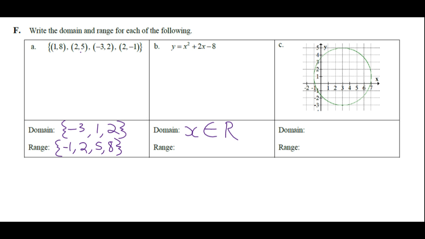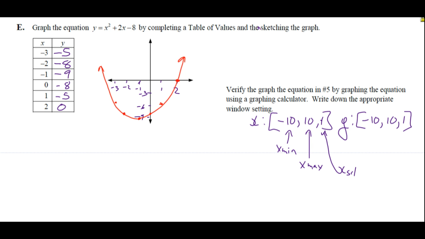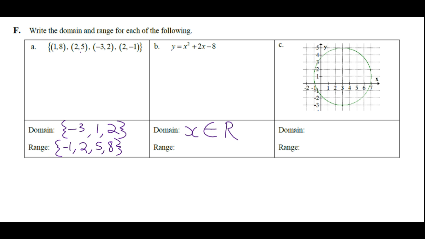Okay, what about the range? So what does this thing do? Kind of bottoms out, right? It's got a low value, but then what do these arrows say? Keep going. So how low can you go? -9. So then what's the range? If you can go as low as -9, then the y values have to be what? And infinity.